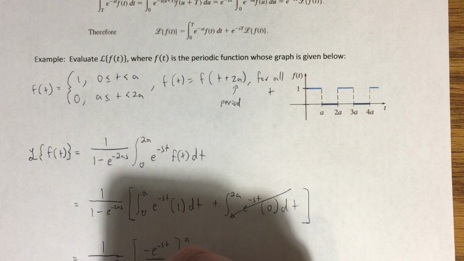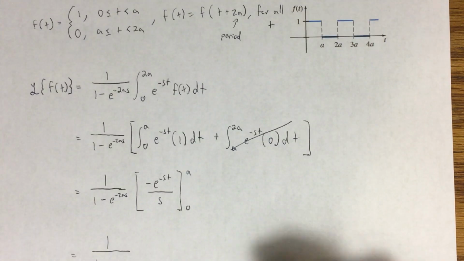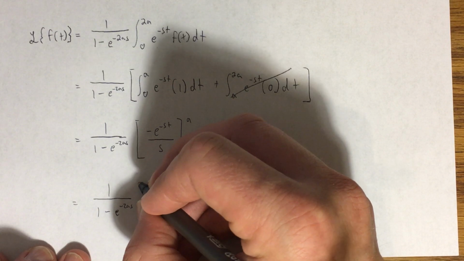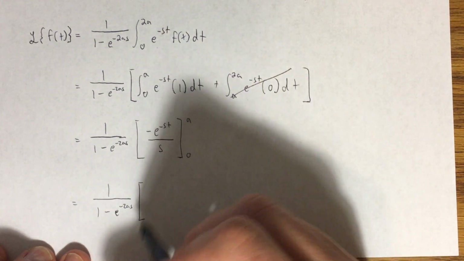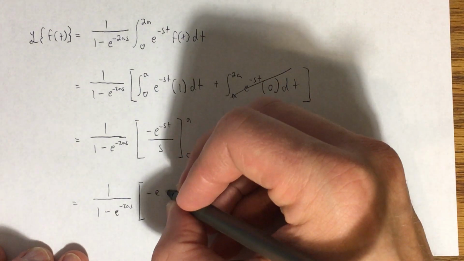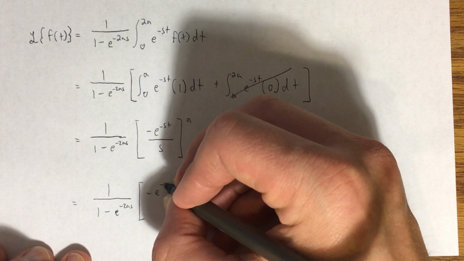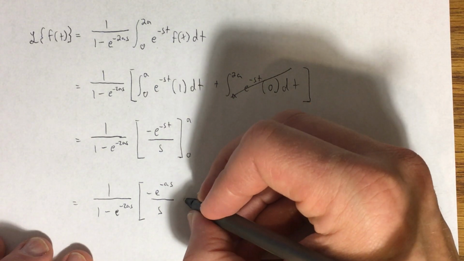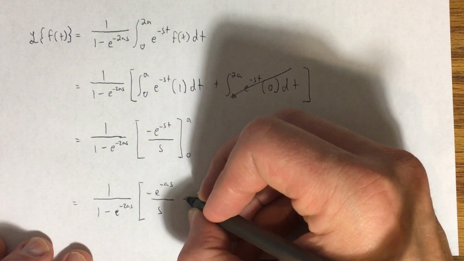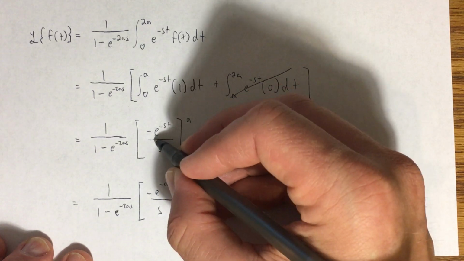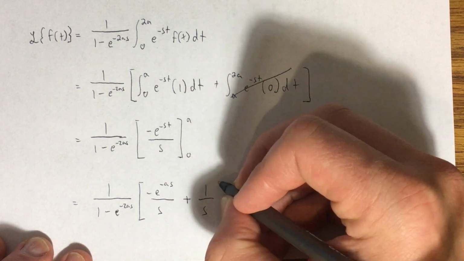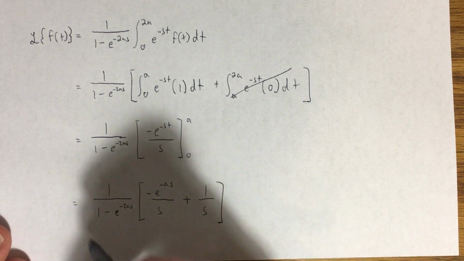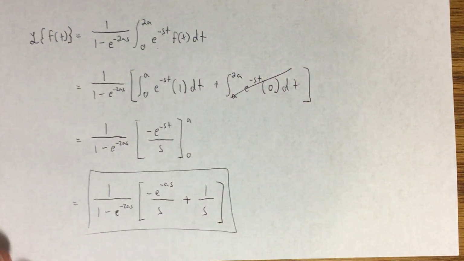Finally, evaluating that, I get 1 over 1 minus e to the negative 2as times, plugging in a for t first, negative e to the negative as over s minus negative, so it'll be plus, plugging in 0 would give me a 1 here, 1 over s. I could try and combine and simplify things, but I'm not going to worry about that here because this is going to be fine for an answer.